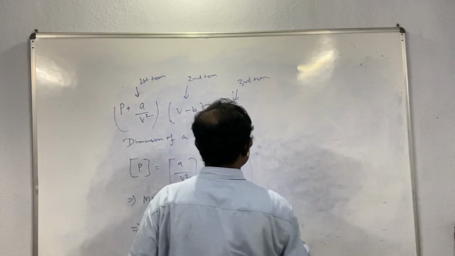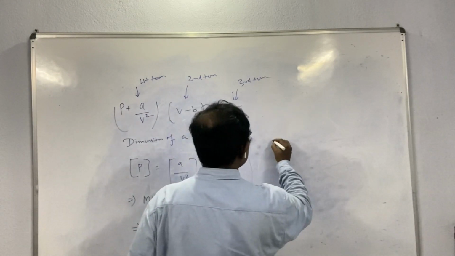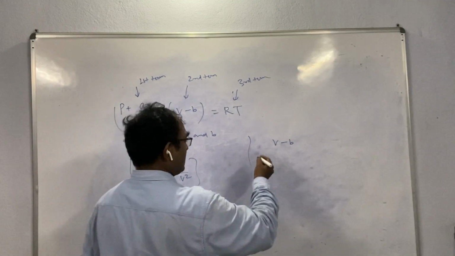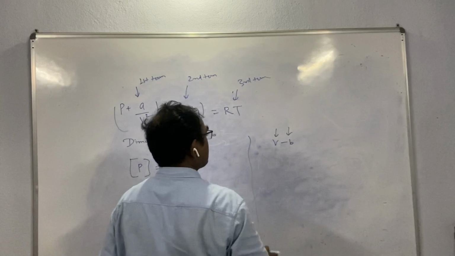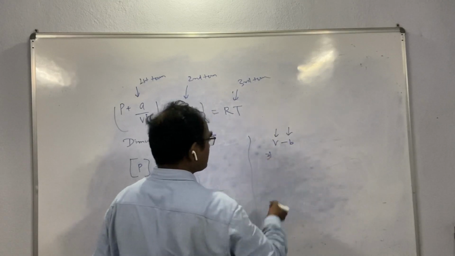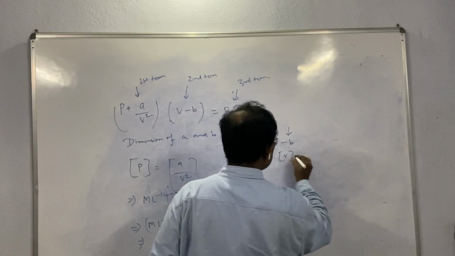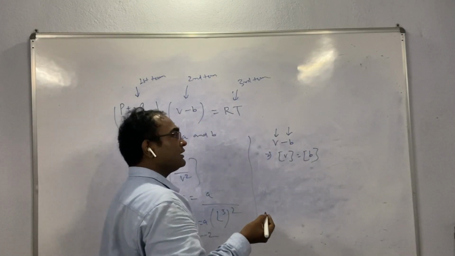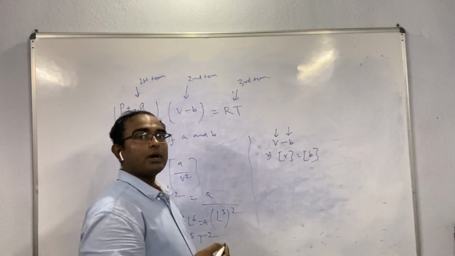Similarly, we can also find the dimension of b. The dimension of b should be equal to the dimension of the volume, because they are related to each other by a minus sign.